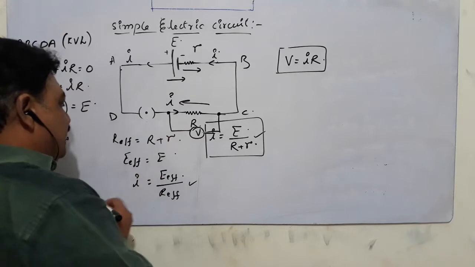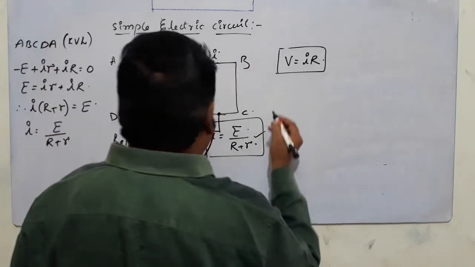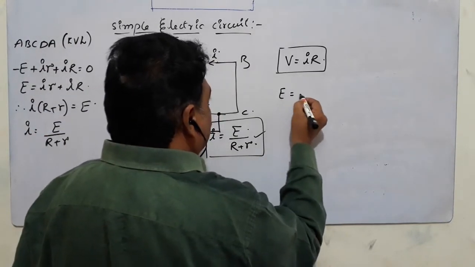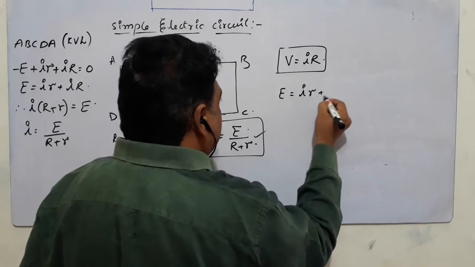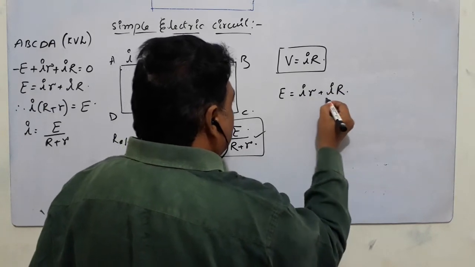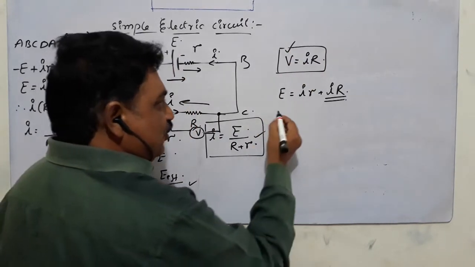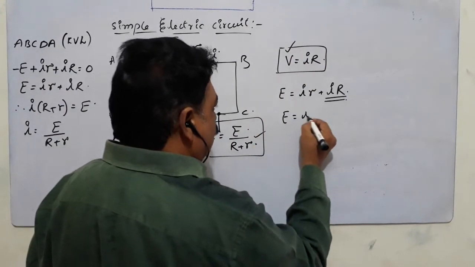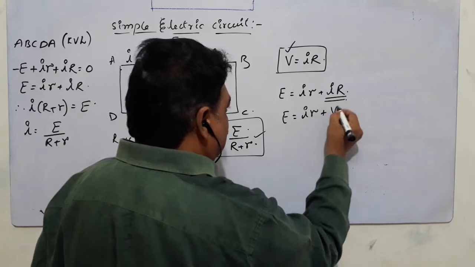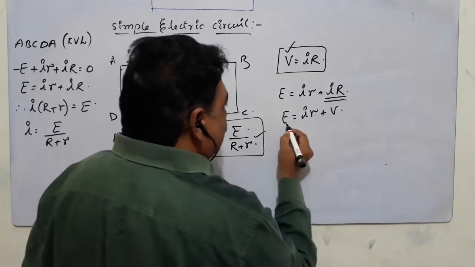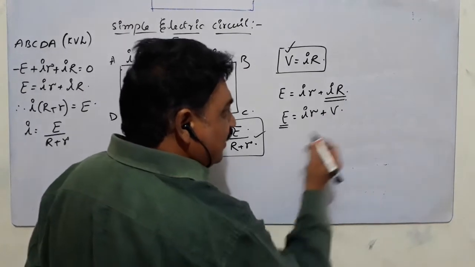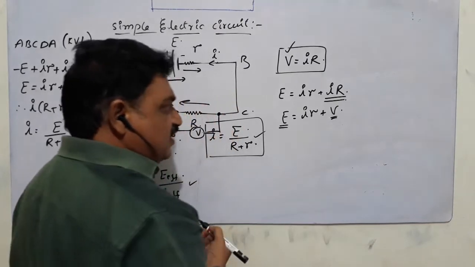So in this equation, as we have already discussed, E is equal to Ir plus I capital R. You have taken that IR as terminal voltage, so E is equal to Ir plus V. So this is the EMF of the cell, this is the terminal voltage of the cell.